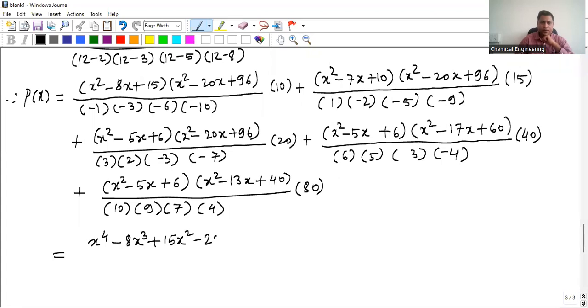Then we'll be having minus 20x cube. Okay, so minus 20x cube. Then you'll be having minus minus plus 160x square. Then you'll be having minus. So it is going to be 300x. Are you getting this term?